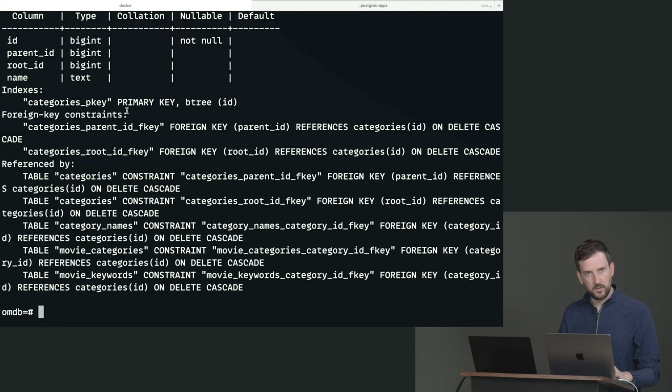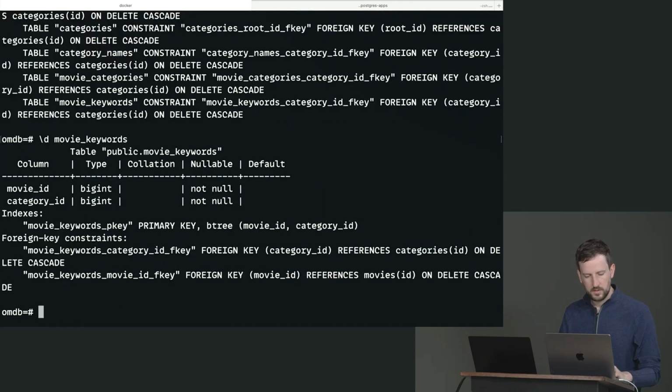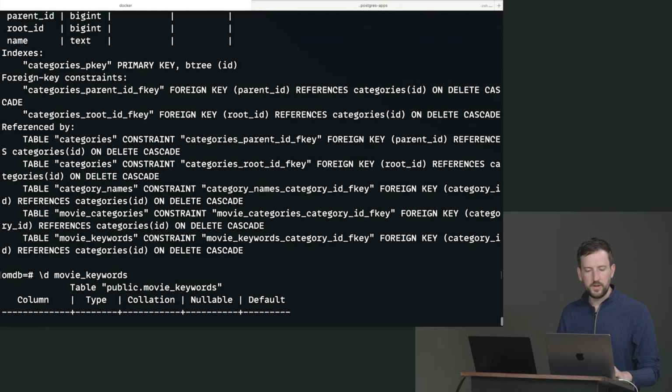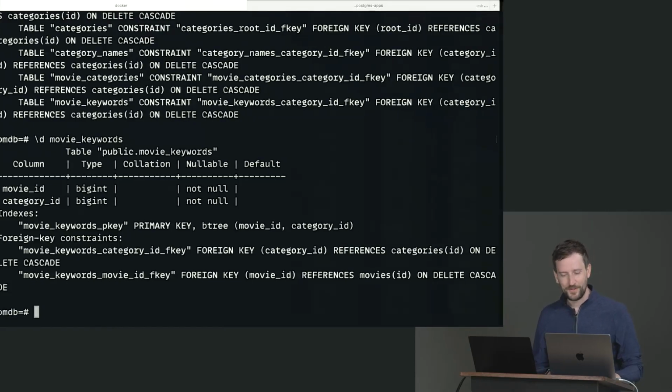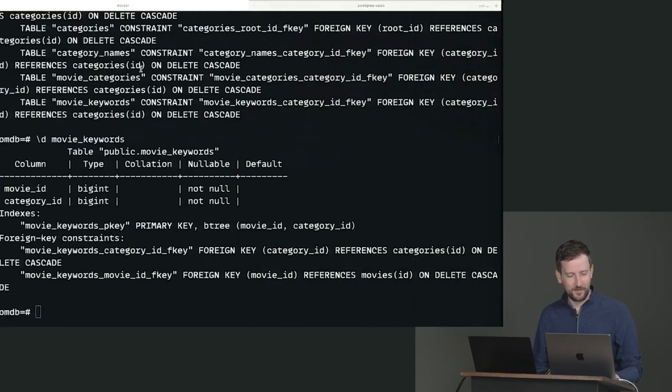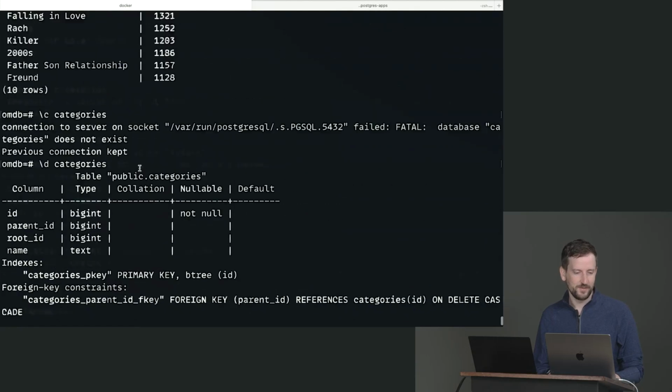So you might have to describe movie keywords. One of these tables you can eventually join to will tell you what language something is in, right? And then you can limit it down to like English. And I started writing that query and it took a couple more hops. I was like, I don't want to make people write this because I don't want to write it. And so we stopped here. So for now, it's sufficient to say that we have a bunch of German keywords in here and that's fine.